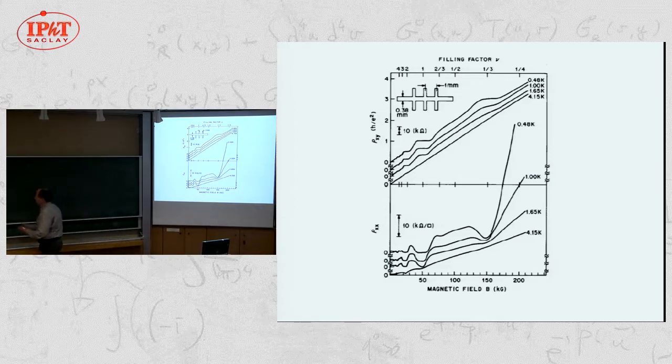Last time we claimed that there is a striking phenomenon, the integer quantum Hall effect, whose explanation requires essentially two ingredients. First, the presence of edge modes, and I have tried to describe to you the Landauer-Büttiker picture of quantum transport in a Hall bar.